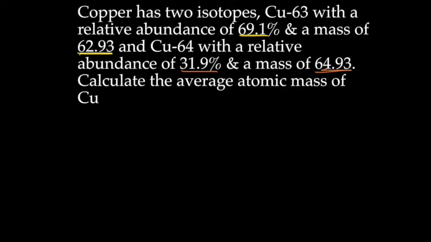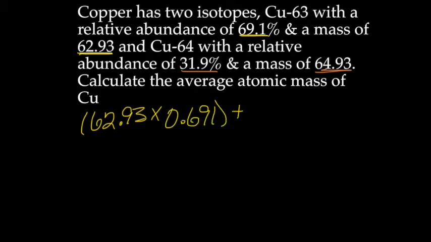Okay, so now what we're going to do is we're going to take the mass of the yellow one, copper 63, and multiply that by the relative abundance written as a decimal. And we'll add that to the mass of copper 64, the exact mass, and multiply that by its relative abundance written as a decimal.